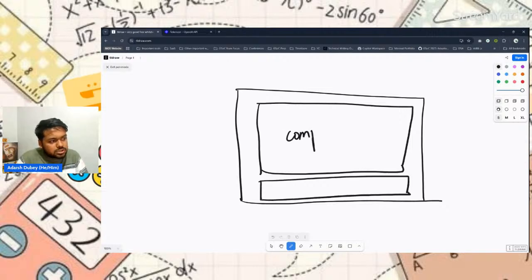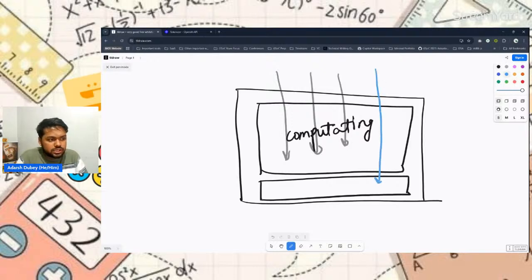After all the computation of embedding to embedding, embedding into embedding, there will be a lot of embeddings, but the last embedding will go to the LM head, and then the LM head will produce the top 100 words.